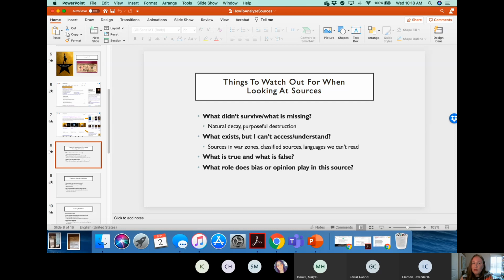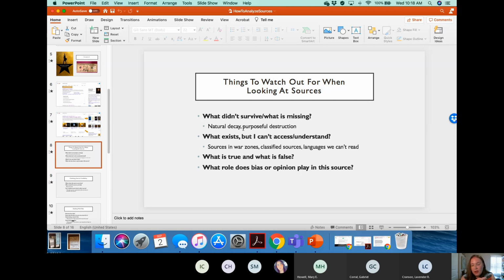Sometimes people destroy evidence on purpose. Why might somebody destroy evidence on purpose? Any ideas? Why would someone destroy evidence? A lot of times people destroy evidence if they feel it makes them look bad or it incriminates them.